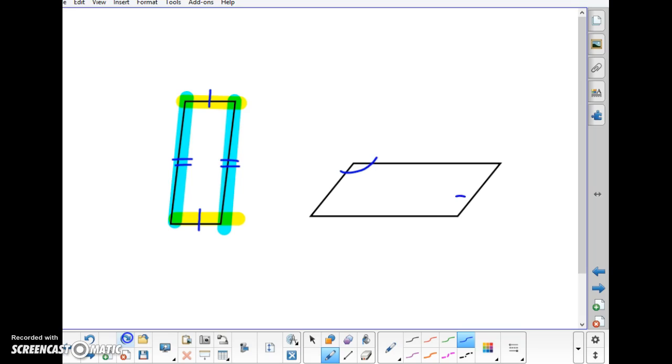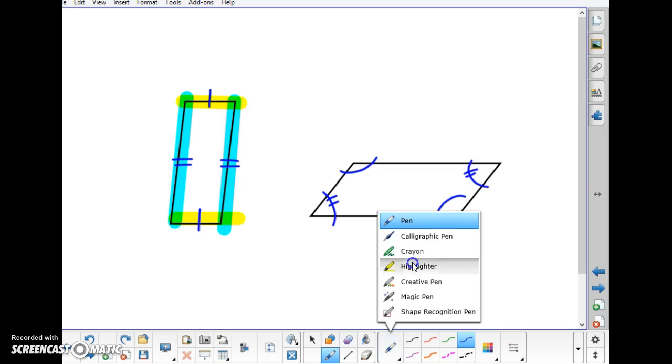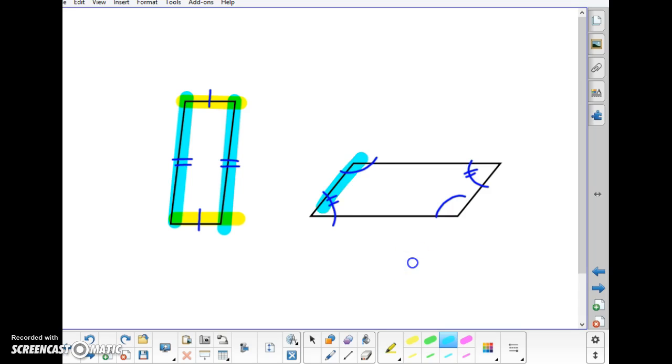This angle is opposite and congruent to this angle, or these two opposite angles will end up being congruent to each other. And one other property that we looked at was how angles next to each other, or maybe we think about these angles being next to each other, they ended up being supplementary.